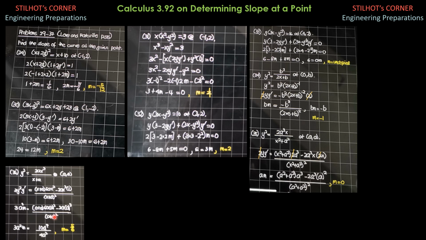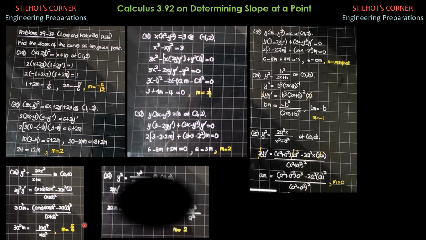So again, simplifying, we have 3a square m. The numerator is 10a to the fourth. The denominator is 2a squared. Slope therefore is 10a to the fourth over 4a squared over 3a squared. That reduces to 10 over 12, which can further be reduced to 5 over 6. So slope is 5 over 6.